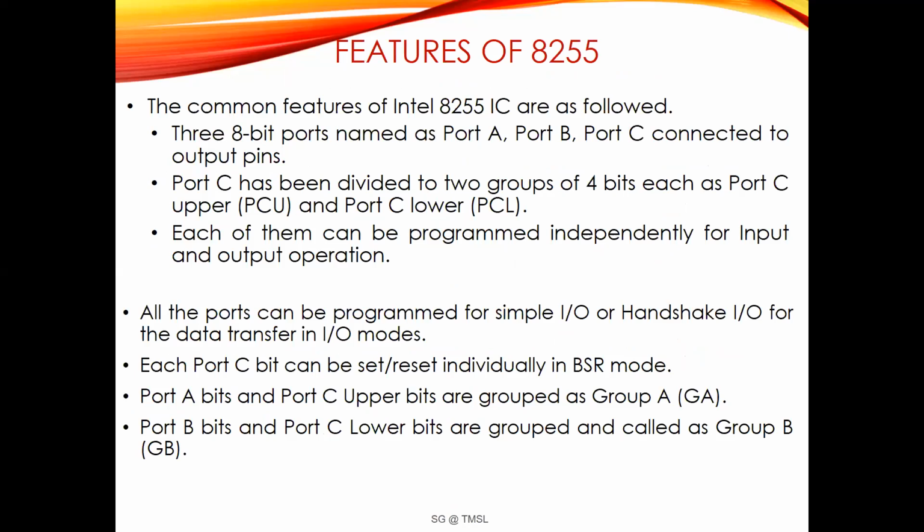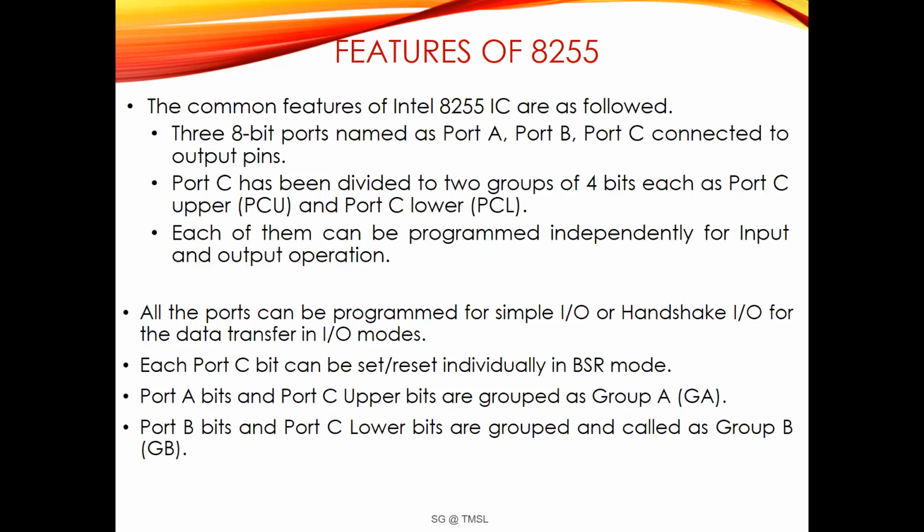Next, the different features available in 8255. It has three TTL compatible registers or ports which allow programmers to control digital outputs, inputs, or a combination of both. So it has three 8-bit ports A, B, and C that are connected to the output pins.